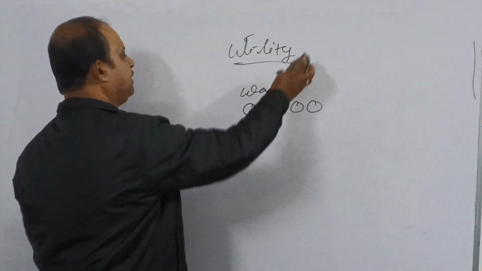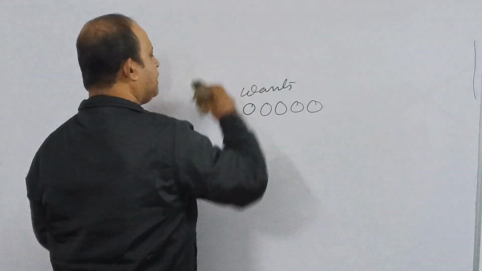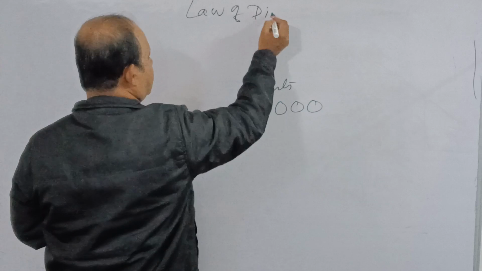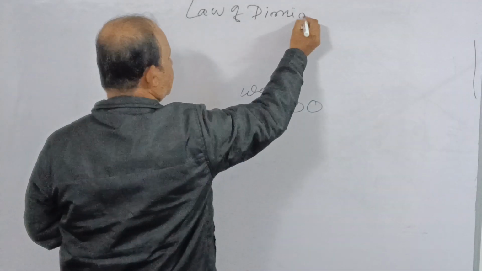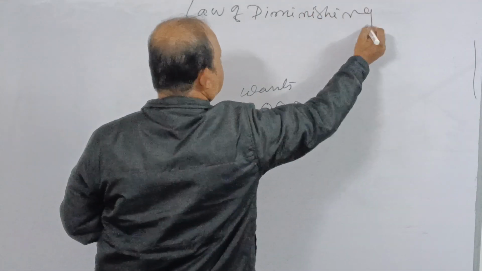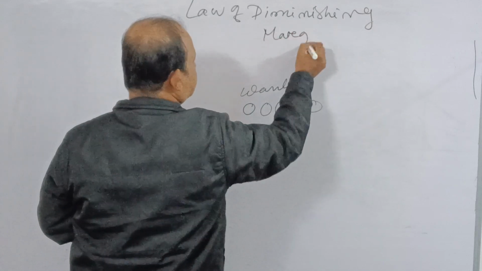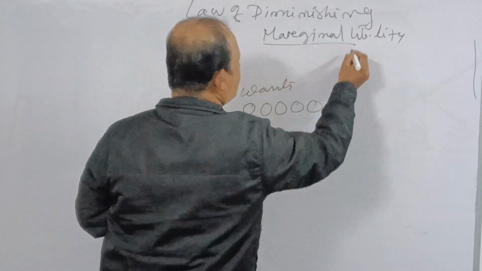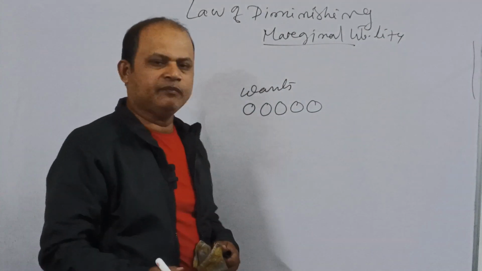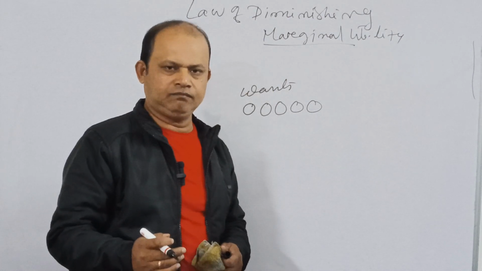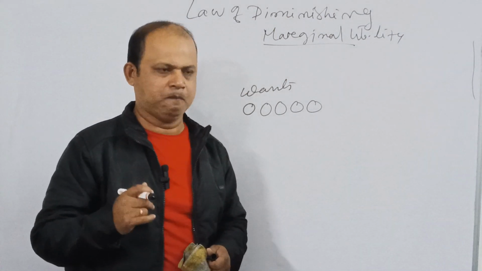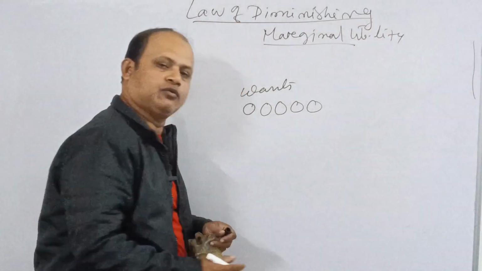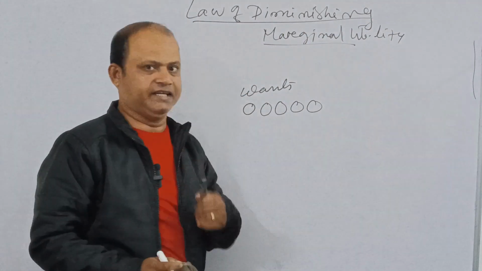Another important topic here is the law of diminishing marginal utility. The word marginal means the latest, the additional, or the last. Now we are going to discuss what the law of diminishing marginal utility is.